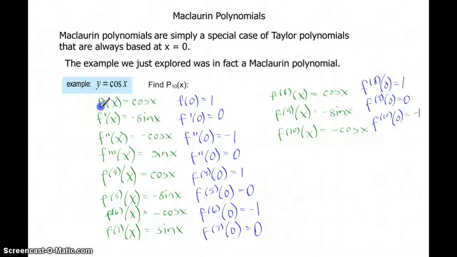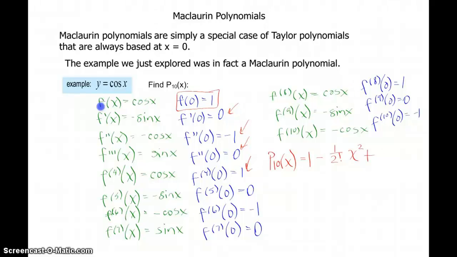So fairly quick. All right, so p sub 10 of x is the output of the function at a. That's 1. And then f prime of a times x minus a, well, that coefficient is 0. F double prime, so minus 1 over 2 factorial times x minus a squared. Well, a is 0. No third term.